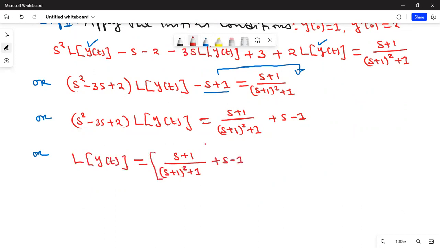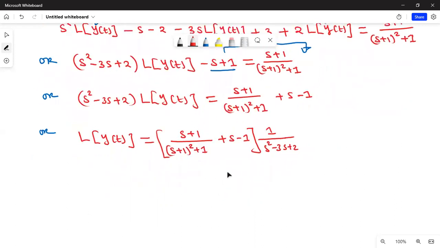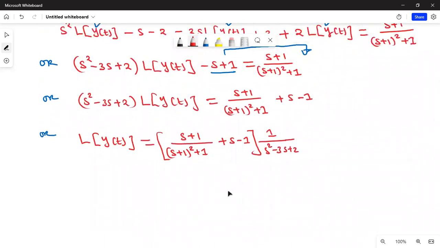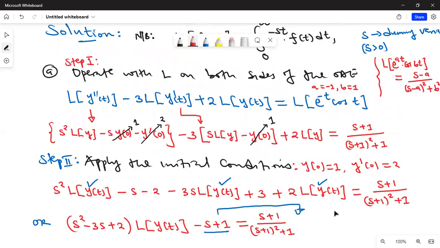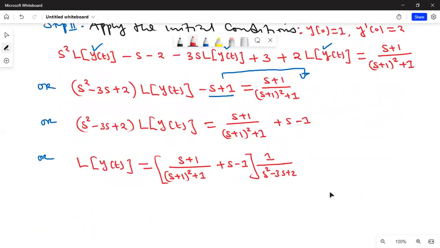Remember the whole of this, we are multiplying by 1 over s squared minus 3s plus 2. It's like dividing by s squared minus 3s plus 2. So the question is, now that we know the Laplace transform, how do we find the function y of t? That is the question that you need to ask yourself.